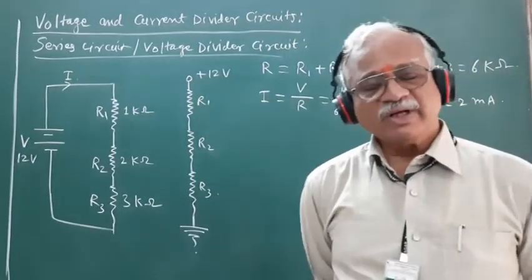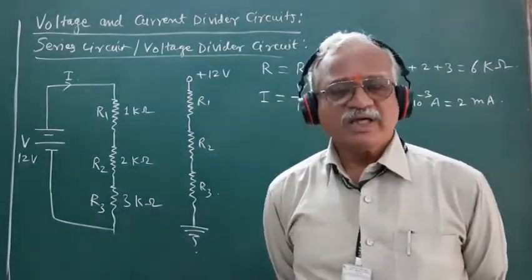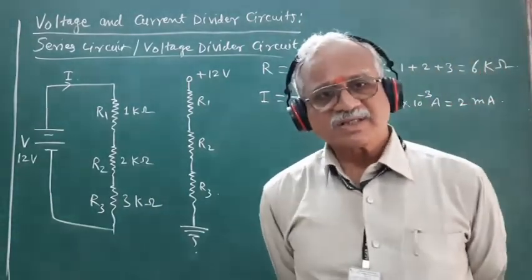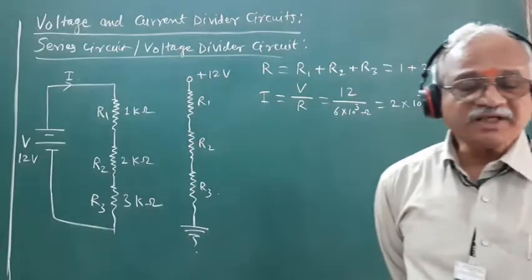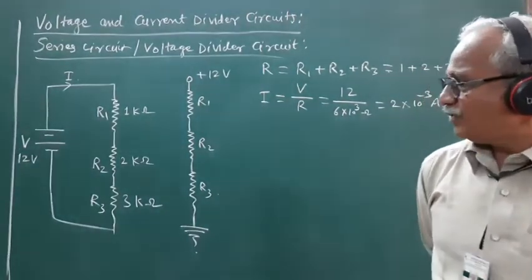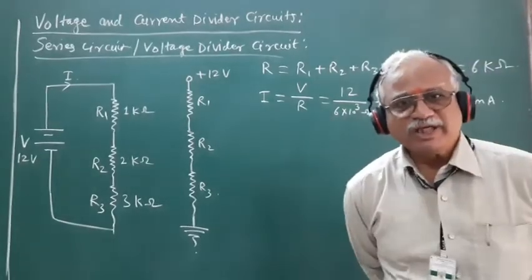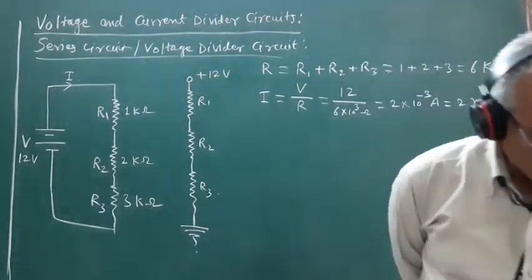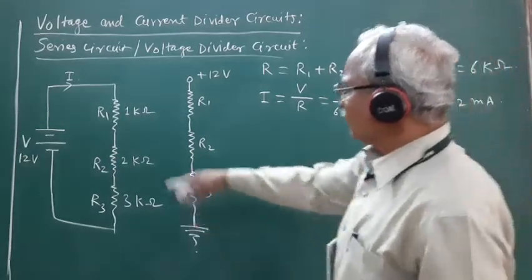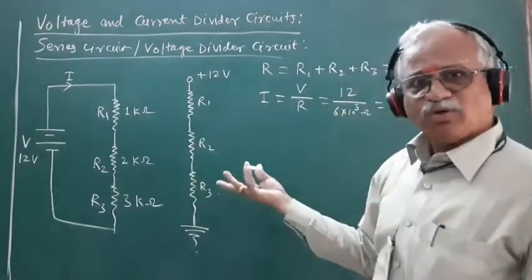If the value of the resistance is small, a small potential drop will be developed across it, and if the value of the resistance is large, then a greater potential drop will be developed across it. So we can use the proportionate formula for the potentials across these three resistors, or we can calculate the potential drops by using simple Ohm's law.